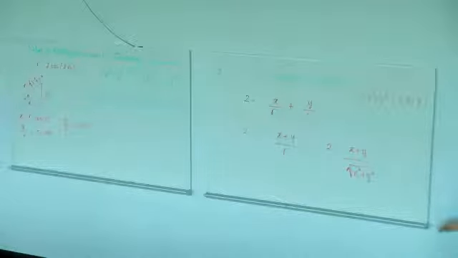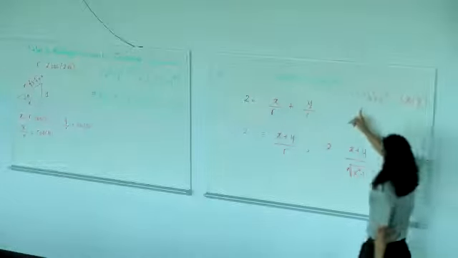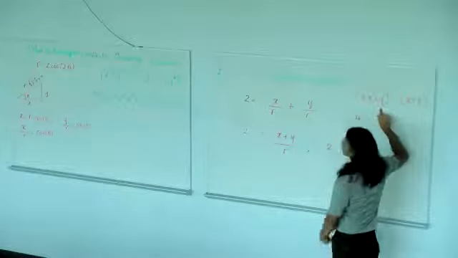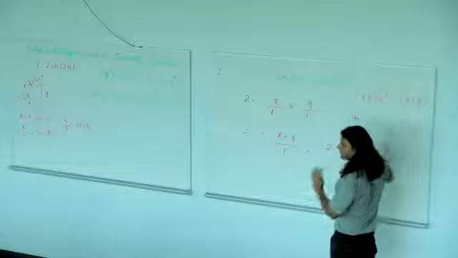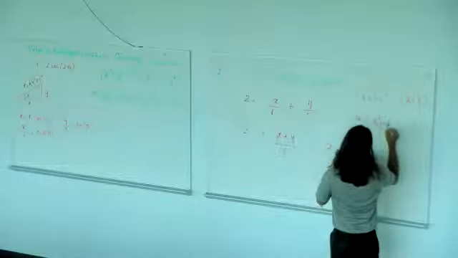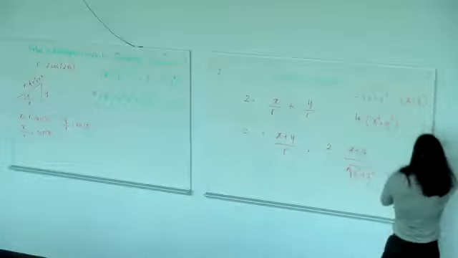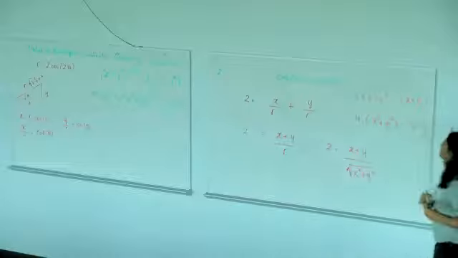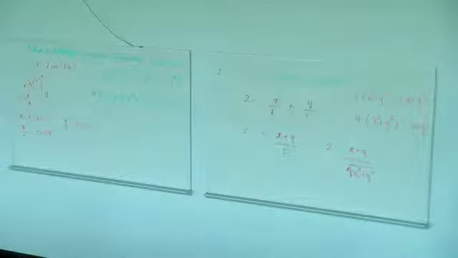Square both sides. 2 becomes 4. The square root of x squared plus y squared, if you square it, the root will go away. Square this side: x plus y squared. Good.